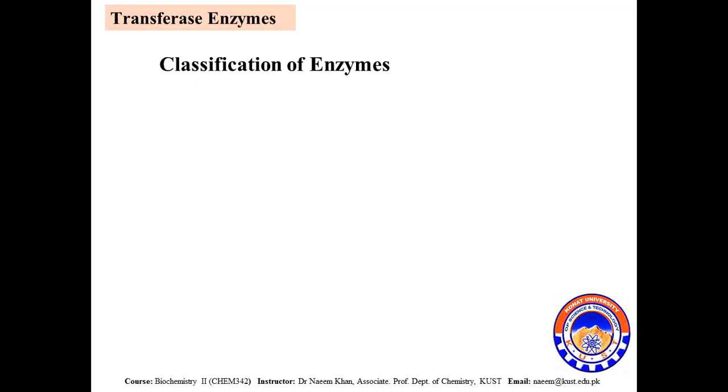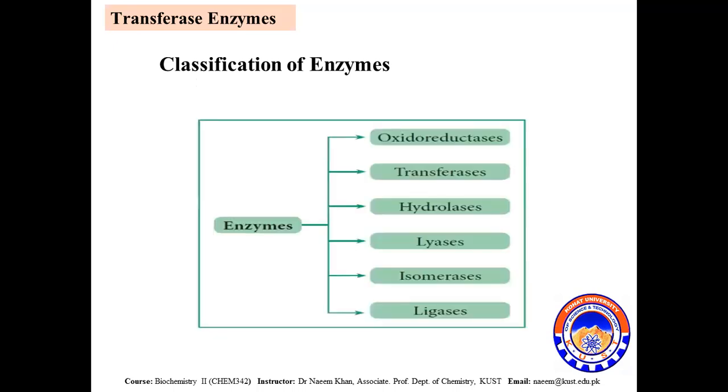We know that as per the International Union of Biochemistry, we have 6 major classes of enzymes, and these include oxidoreductases, transferases, hydrolases, lyases, isomerases, and ligases.